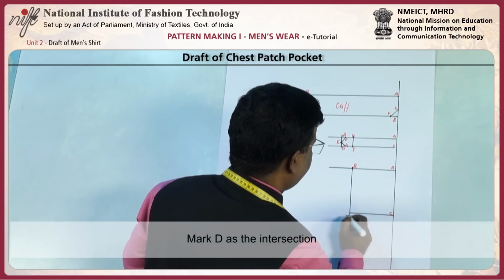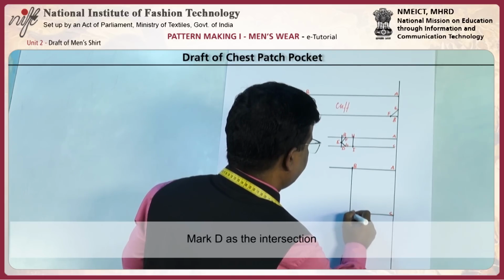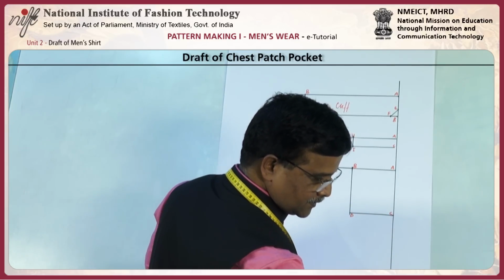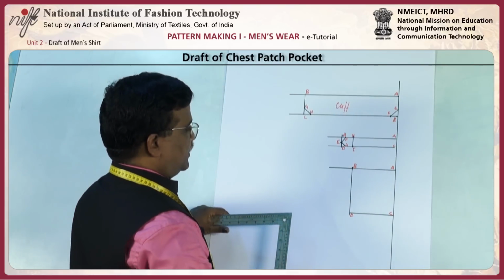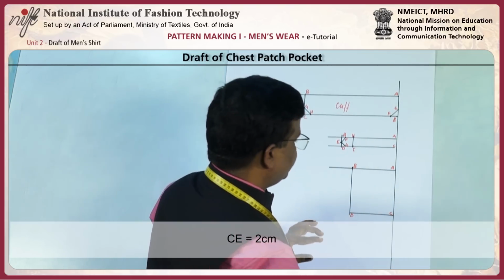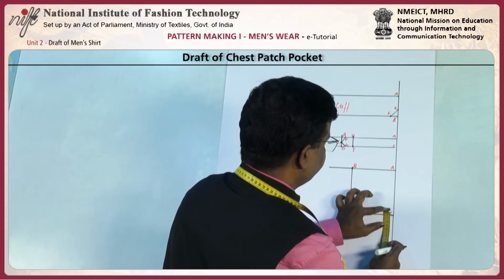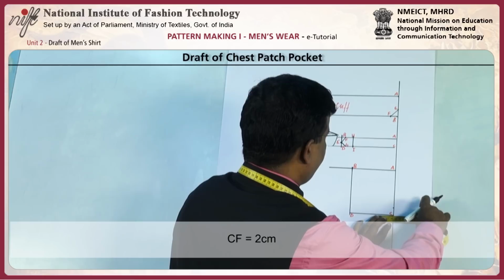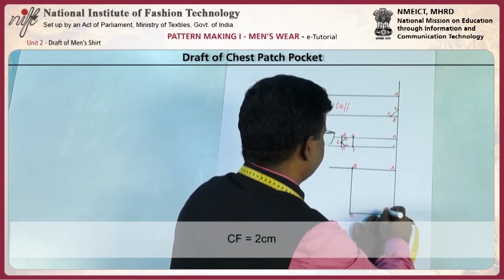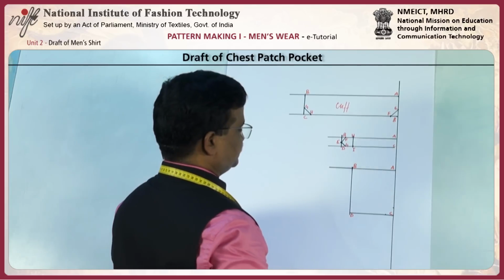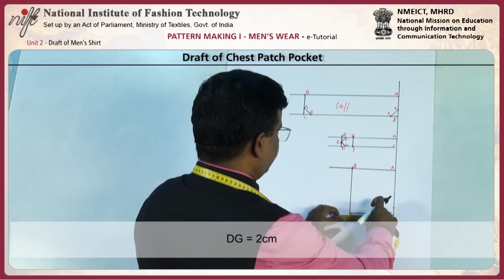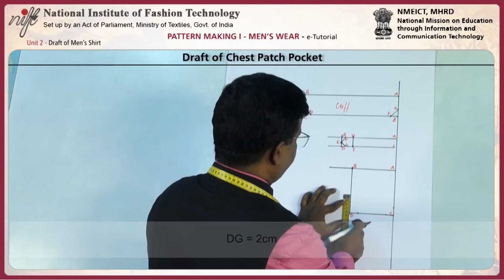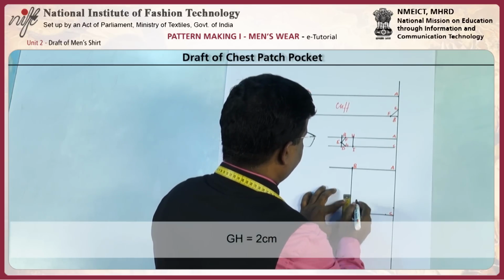The intersection will be D. C to E 2 centimeter, C to F is also 2 centimeter, D to G is also 2 centimeter, G to H is also 2 centimeter.